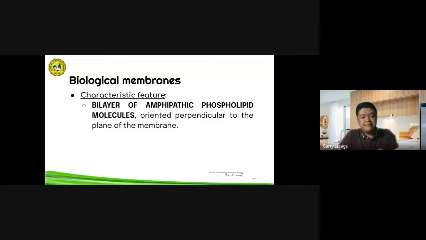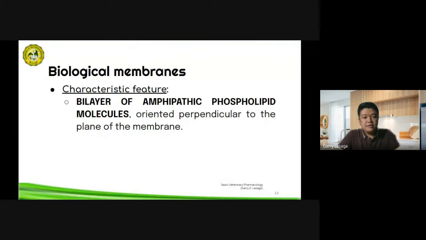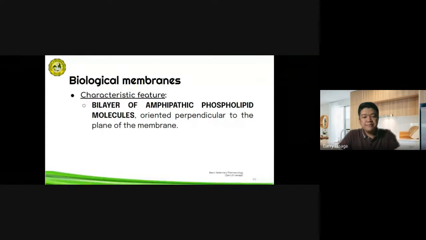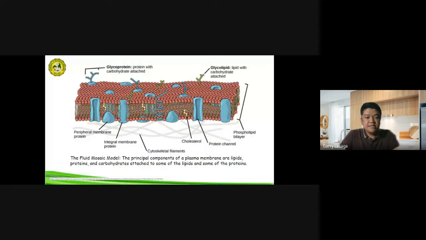When we say amphipathic, this is a compound having both polar and non-polar groups. When we say phospholipid, that is basically composed of a lipid molecule. So phospholipid is a type of lipid molecule. This is the diagram showing the fluid mosaic model.